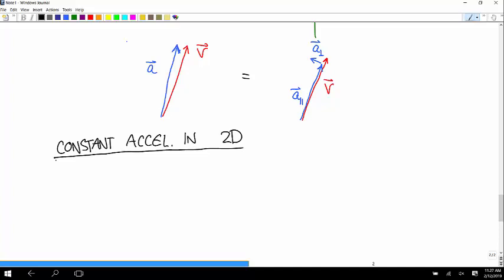So here's what we're going to do in 2D, and I'll try to point out the similarity to what we did in 1D. The acceleration as a function of time is now going to be equal to a constant ax and a constant ay.